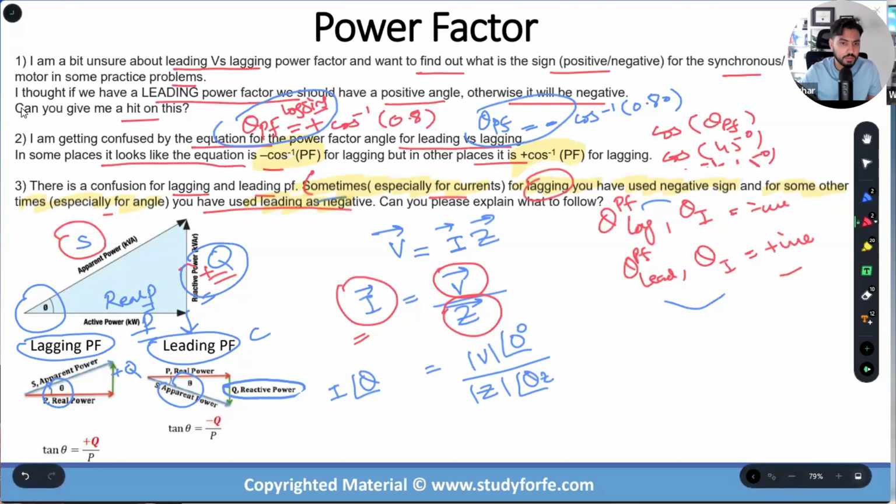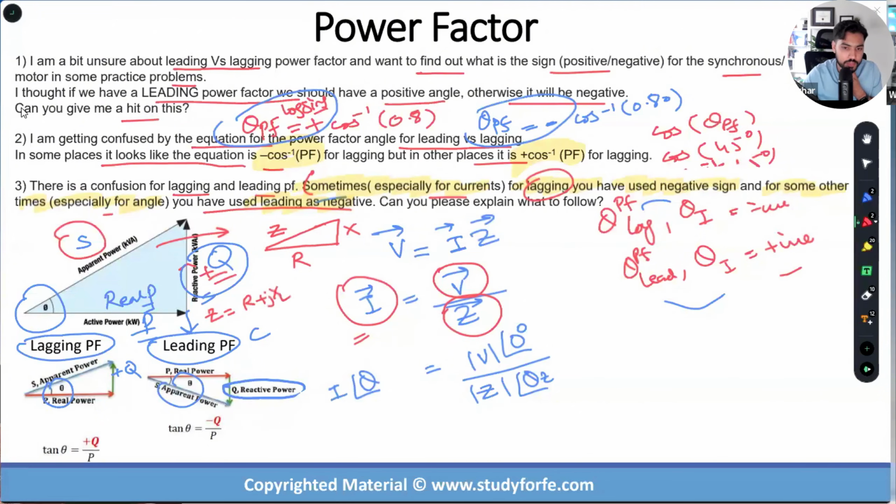So what is this theta Z made up of? If you remember in the on-demand course and the live training, I explained to you guys that power factor can also be extracted, and the power factor angle can also be extracted from the impedance triangle. Impedance triangle is similar to power triangle, but in the form of impedance. So hypotenuse is Z, this is R, and this is X. If we have an inductive load, Z is equal to R plus jXL, pointing upwards.